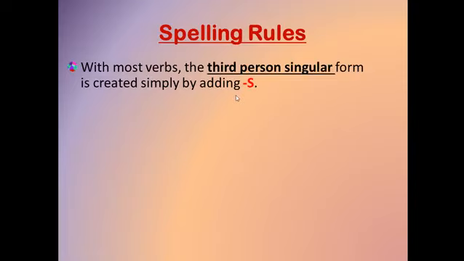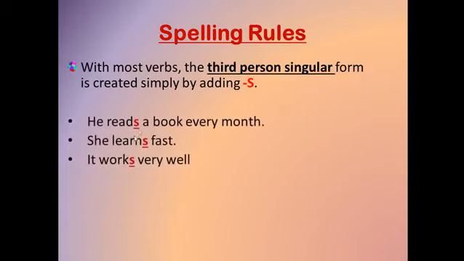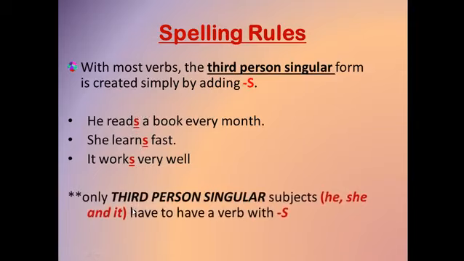So if my subject is he, she, or it, my verb in the present simple, I'll simply add an s to it. For example, he reads a book every month. She learns fast. It works very well. Here my subject is he, she, or it, so I simply add an s to my verb. And we said that only with the subjects he, she, and it I have to add an s.